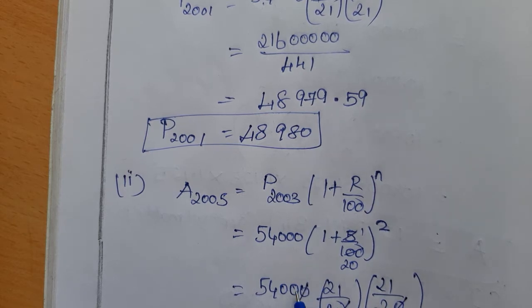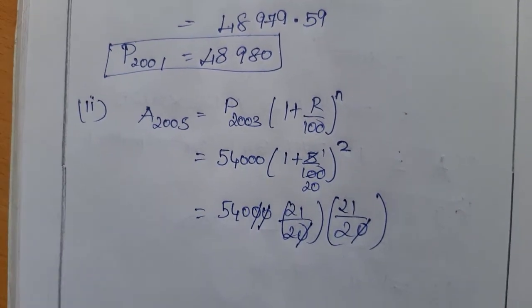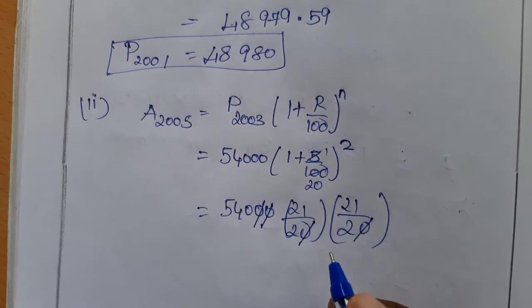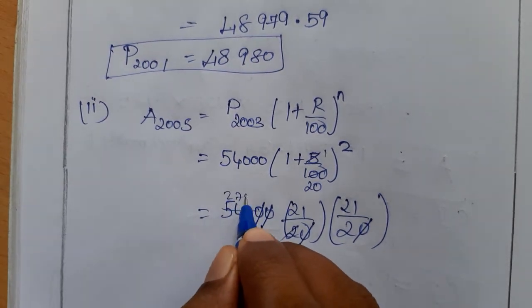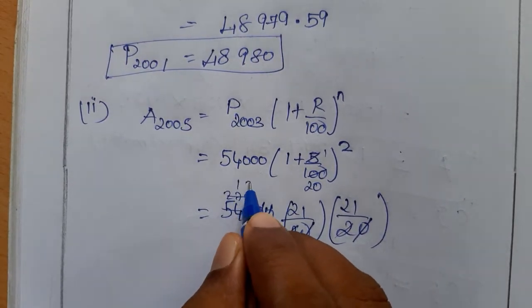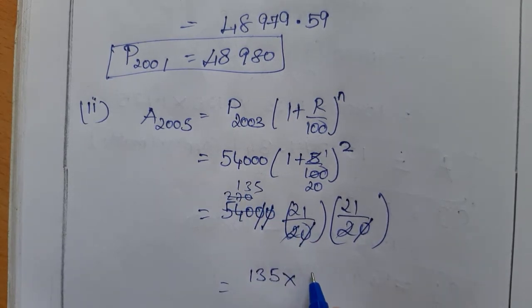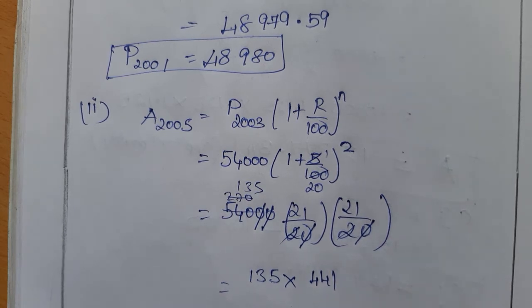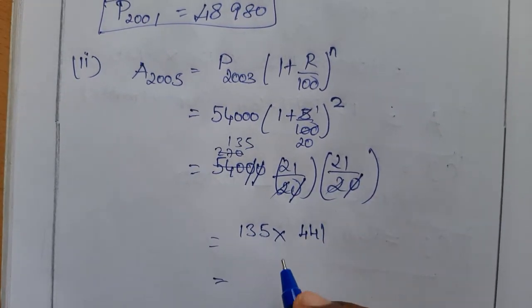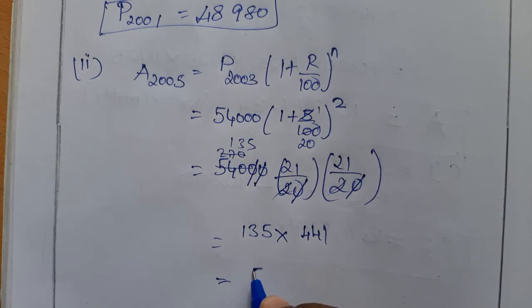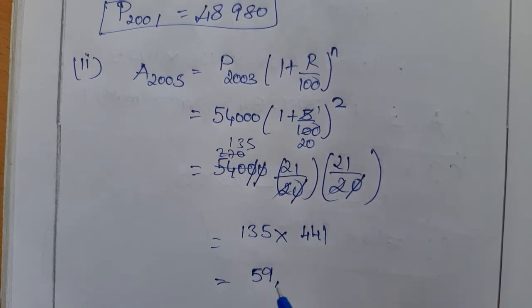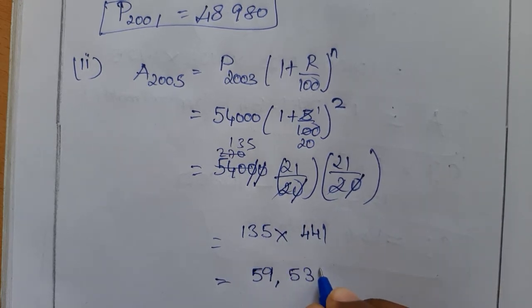Cancelling the zeros, sorry. It is 270, and 2 into 270 gives 135. So 135 into 21 into 21, which is 441, right? So we have to multiply 135 into 441. That is our answer. It will be 59,535.